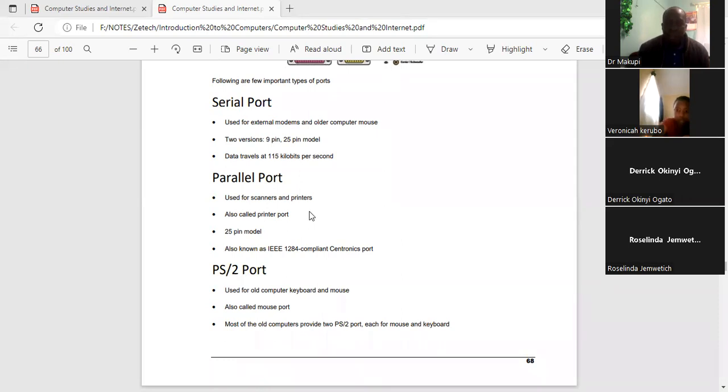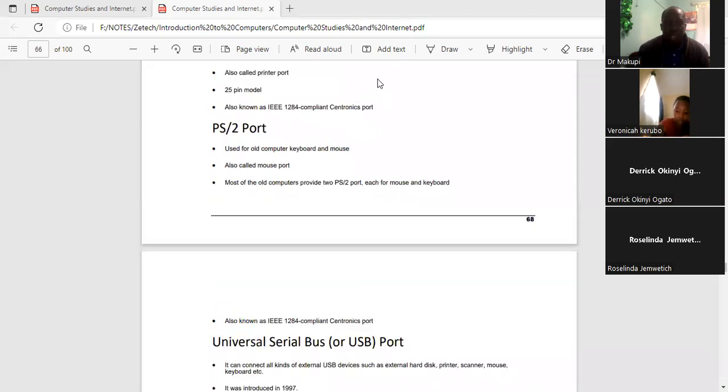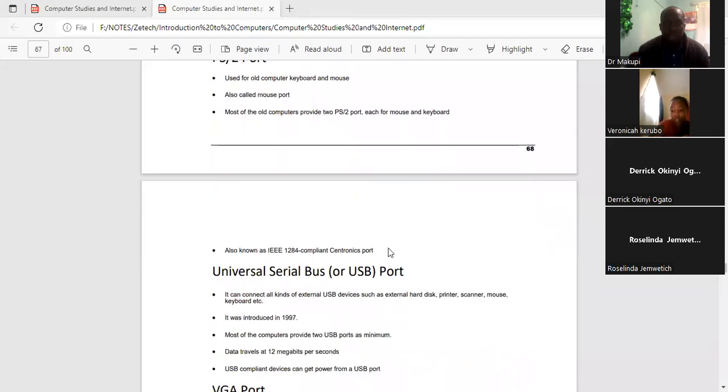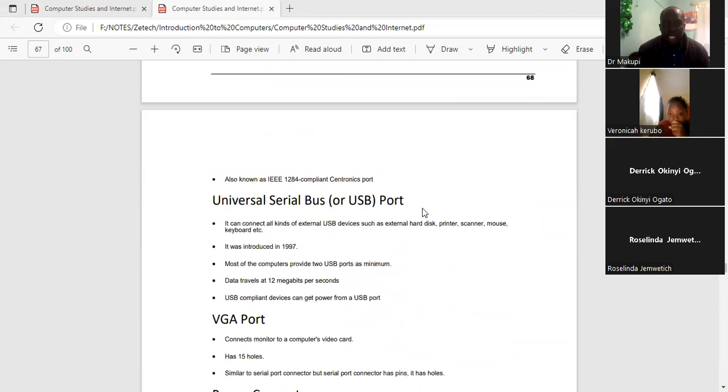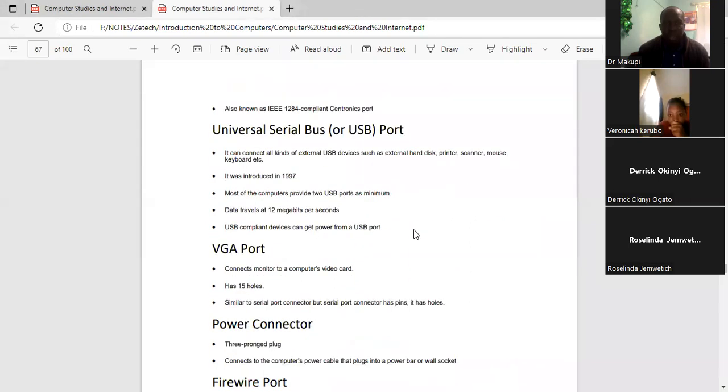We have the PS2 port used for old computer keyboards and mice, sometimes also known as the mouse port. So this is used for old computers. There is one very popular port, the Universal Serial Bus, which you normally use. It was introduced in 1997.